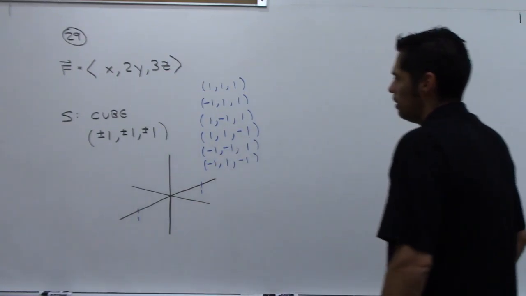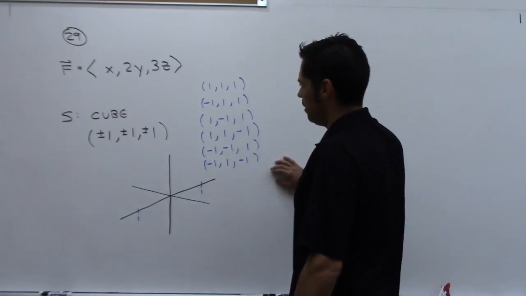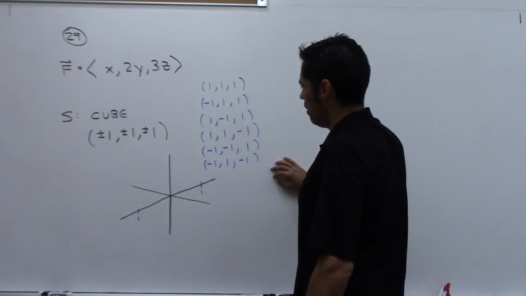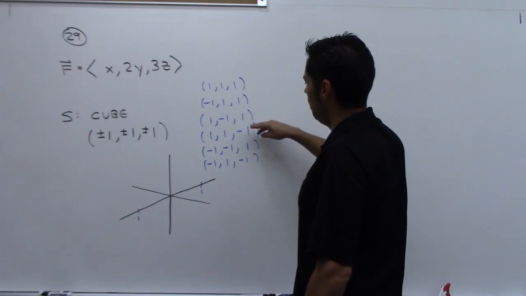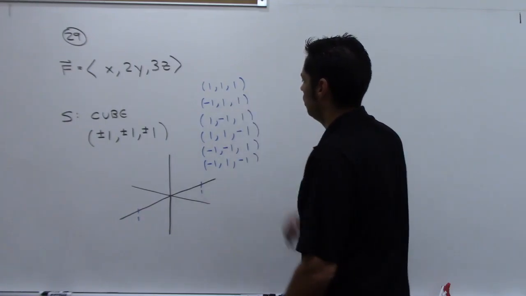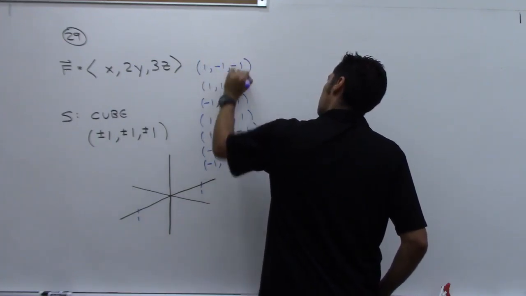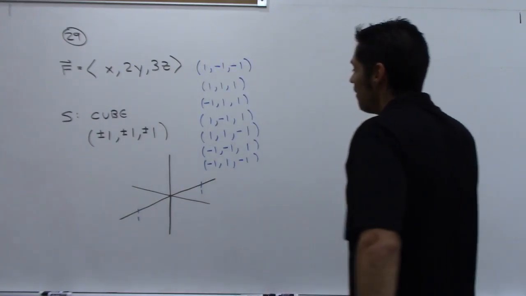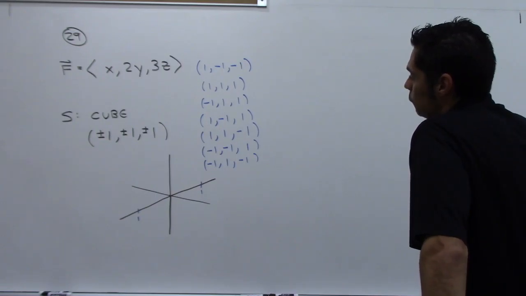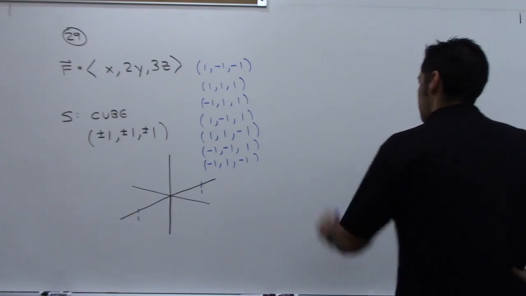Let's see, 1, 2, 3, 4, 5, 6. Let's see if I've got all these. Negative, negative. I could do 1, -1, -1. And I feel like I'm missing one. I know I am. Should have a total of 8, because it's a cube, right?